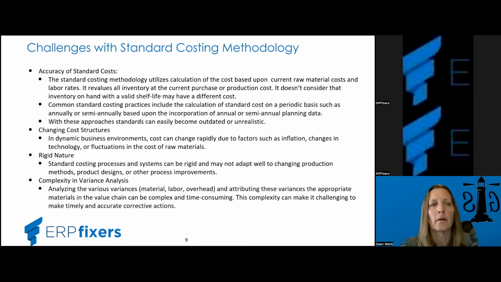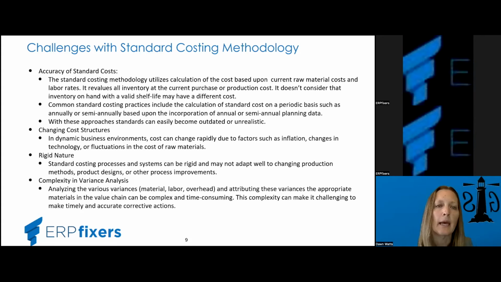So therefore, I've got to come up with the best approach to how I value the inventory. And there is also guidance from the regulatory and accounting authorities to say, this is how you value it. But it doesn't give you as accurate a picture of what my inventory is really valued at, what my cost of goods sold is for this period. So it can have some skewing of the values.